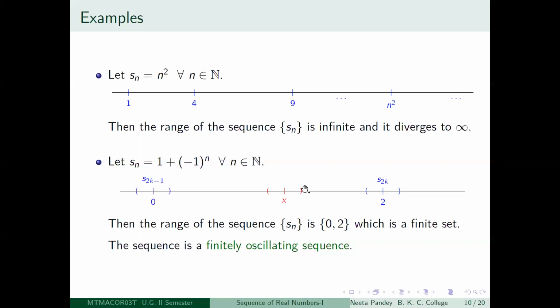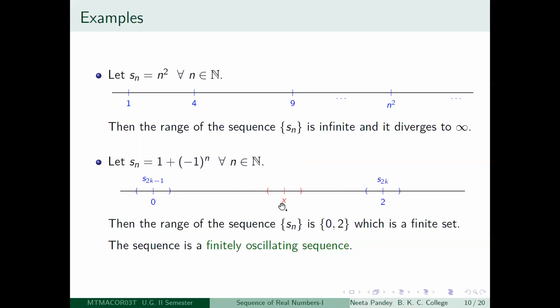This type of argument we have seen many times. So I hope it is clear to you by now that if x is a number which is different from 2 and 0, then you will be able to get a neighborhood of x which will not contain the points 0 and 2. So in this particular case, you are able to get a neighborhood of x which will not have any terms of the sequence.